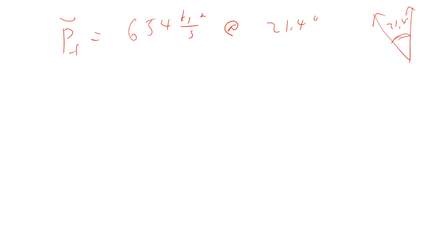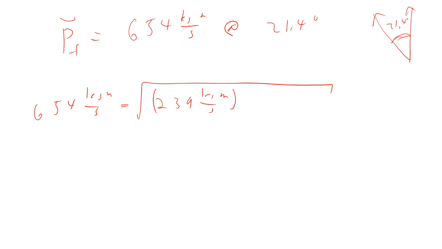We got that by saying that 654 kilogram meter per second is the square root of the x component, 239 kilogram meter per second, squared, plus the y component, 609 kilogram meter per second, squared.